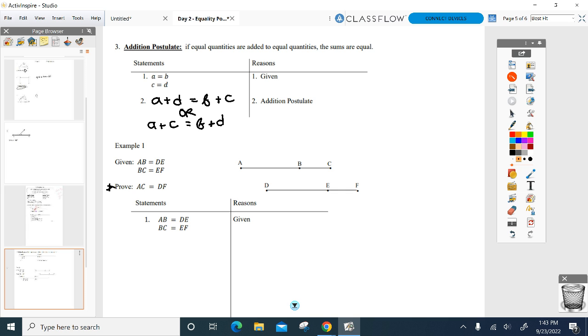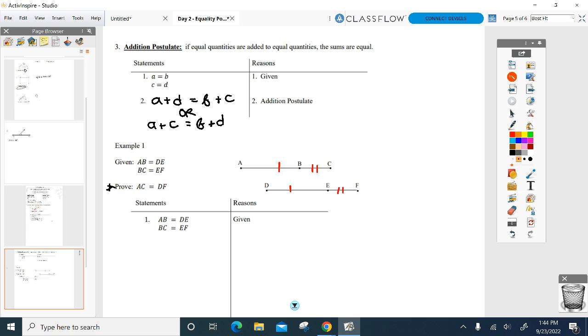Not write them. What did I ask you to do? Mark them on your diagram. Let's go. What can I put on AB and DE? Hash marks. Yep. And what can I put on BC and EF? Hash marks. Not all the same, though, right? We're going to put a little double action here to show that all 4 aren't equal.